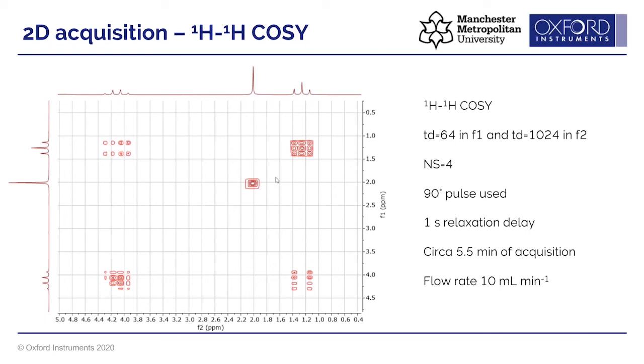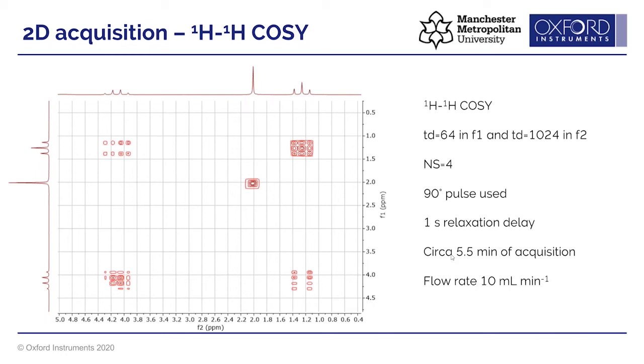So even though we've increased the flow rate by a factor of 10, we've still been able to get a spectrum that explains the coupling within this molecule, and it's still only taken 5.5 minutes to acquire. This was something I wanted to do because I wanted to see how much this system could be pushed, and how much it could be used to monitor reactions that are sometimes quite quick in terms of their reaction speed.